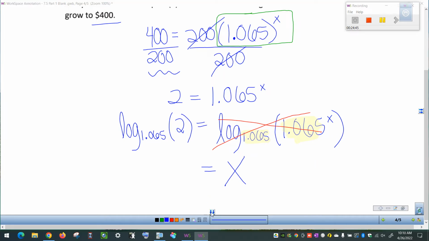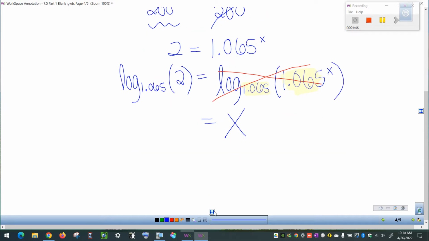And now it's just going to my calculator to evaluate this left-hand side. So I'm going to do the change of base formula again. I'm going to type it in as log base 10 of 2, divided by log base 10 of 1.065.